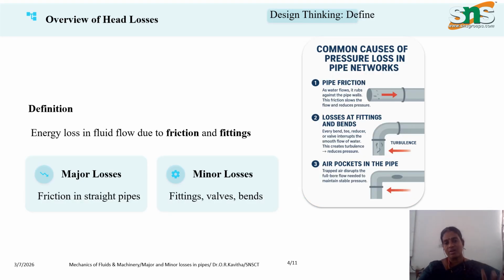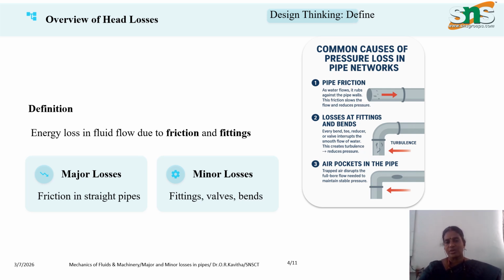First of all, what is head loss? It is how the energy is getting reduced. If it is a major loss, it will be due to friction, and if it is a minor loss, it may be due to fittings or valves and sudden enlargement, contraction, like that. Here you can see some of the common causes of pressure loss in pipe networks.